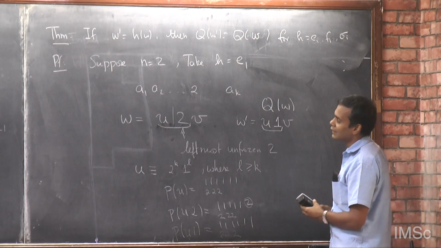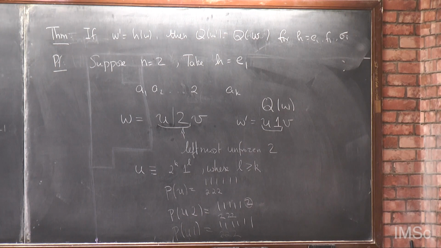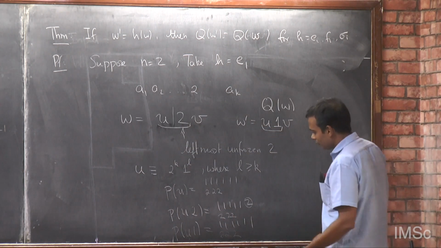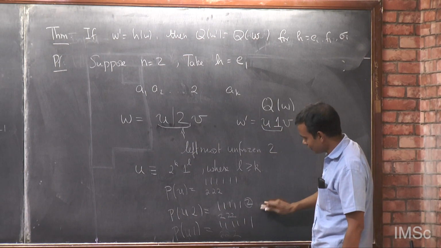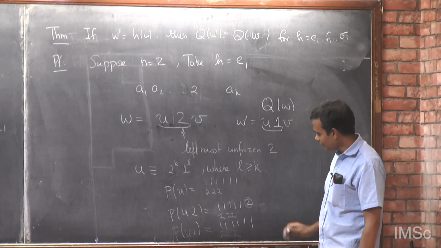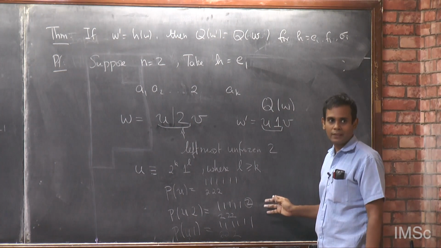So what this means is that all these words will have the same Q. The first letter of V has to be a 2. Yeah, it has to be a 2. So that will just come to rest on the right here. And every time you have a 1, there would have been a 2 that has come before it.